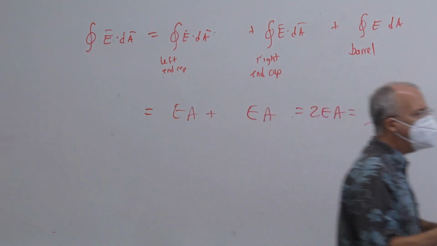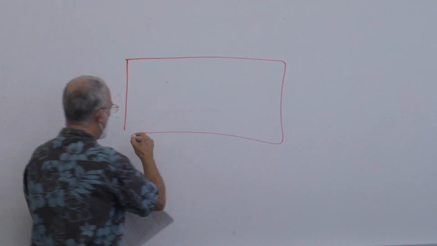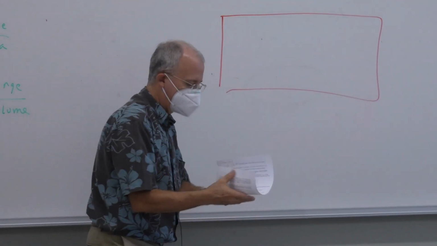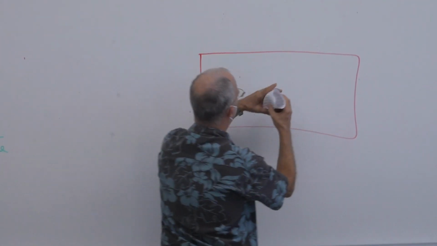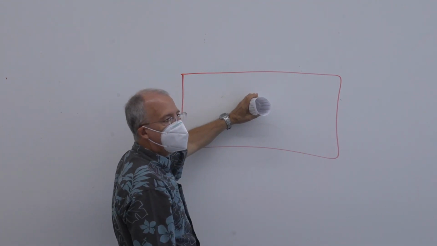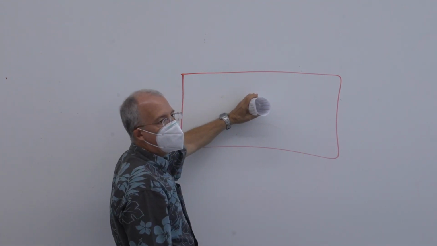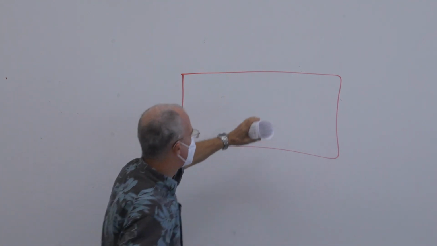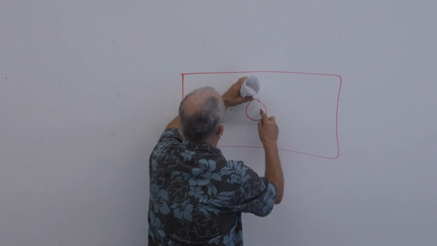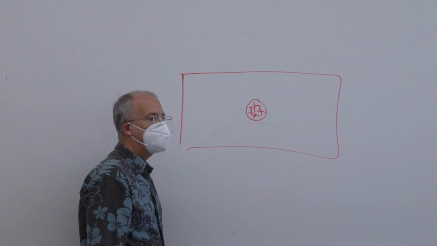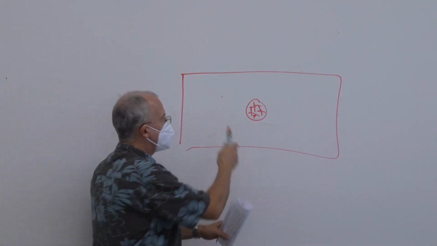Now, this is a plane, and we have a cylinder going through the plane. So where's the Q enclosed? What's the charge enclosed by the cylinder? Isn't it just the charge right there, because it's a sheet?